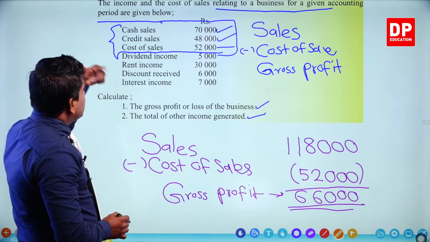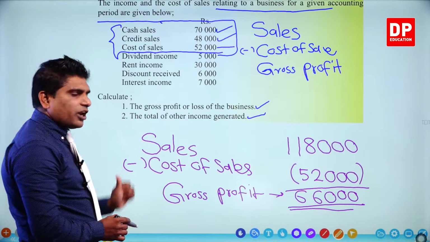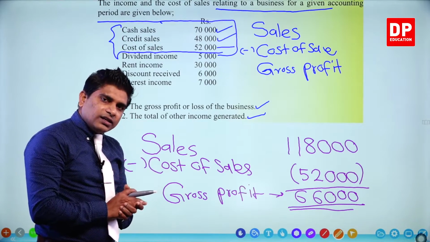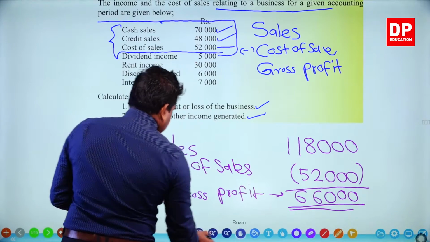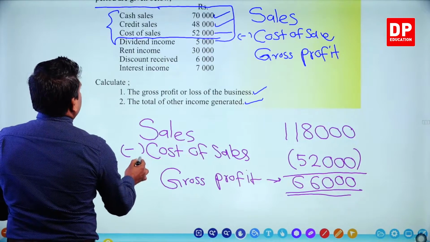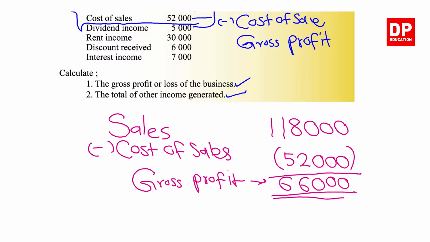Now we go to the rest, part 2, the total of other income generated. Here we consider only the total other income. There are dividends income 5,000, rent income 30,000, discount received 6,000, interest income 7,000, right?